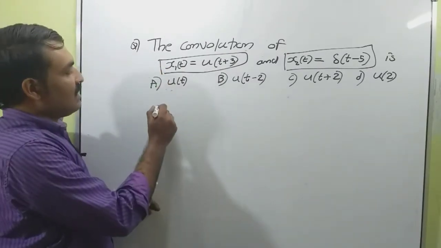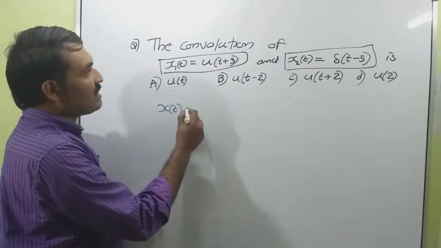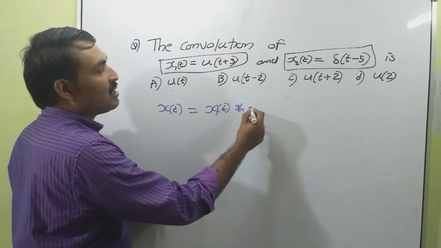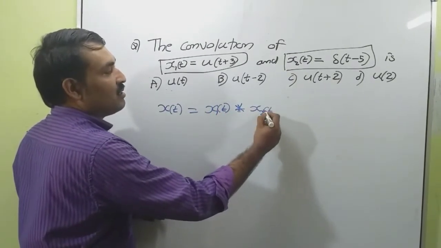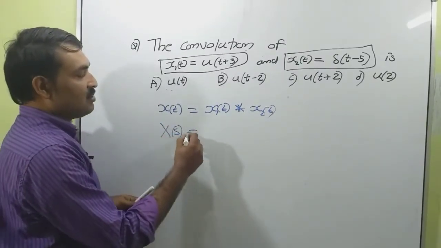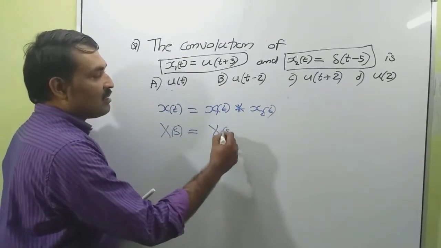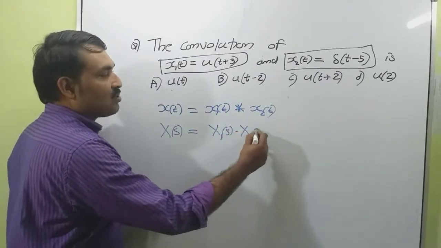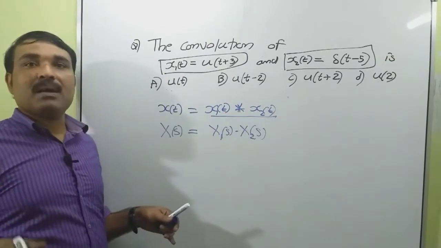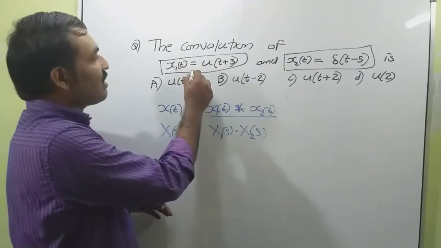So we can write x of t is equal to x1 of t convolution x2 of t. So X of s is equal to X1 of s into X2 of s, that is convolution in time domain is equal to multiplication in Laplace domain.